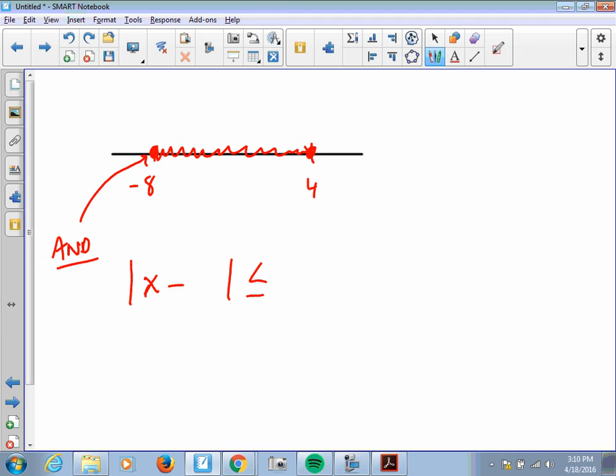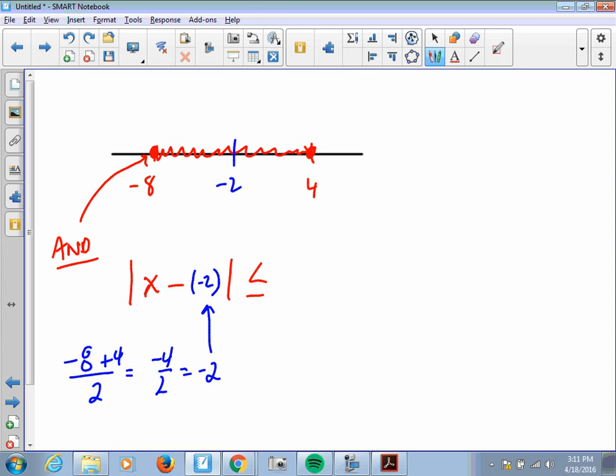Well, a center is easy. That's just finding the average. Your center is nothing more than your average. So I'm going to do -8 plus 4 divided by 2. That gives me -4 over 2, which will be -2. So there's my center. That goes in there, -2. That's my middle.